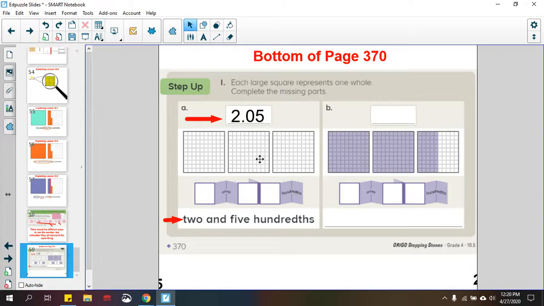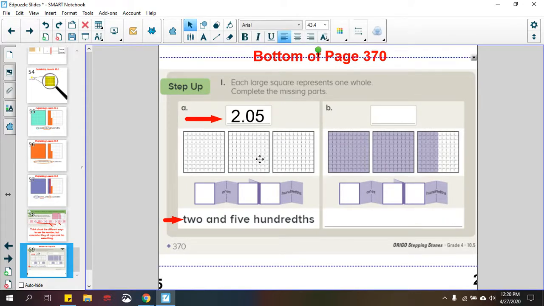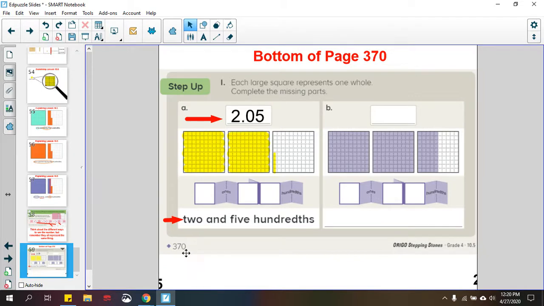So I would have to color this in so that it shows 2 wholes and 5 hundredths, or 2 wholes and 5 extra pieces. And then I'm going to use those same digits and plug them onto my expander. So 2 wholes, no complete tenths, so I'm not going to have anything in the tenths place besides my 0, because I don't have any complete tenths, and then my 5 extra pieces.